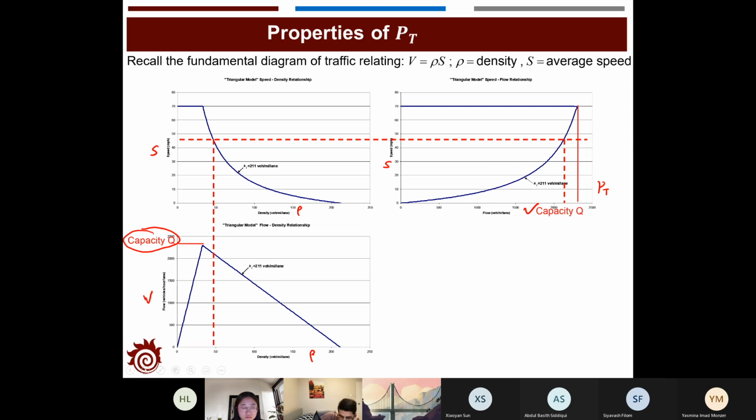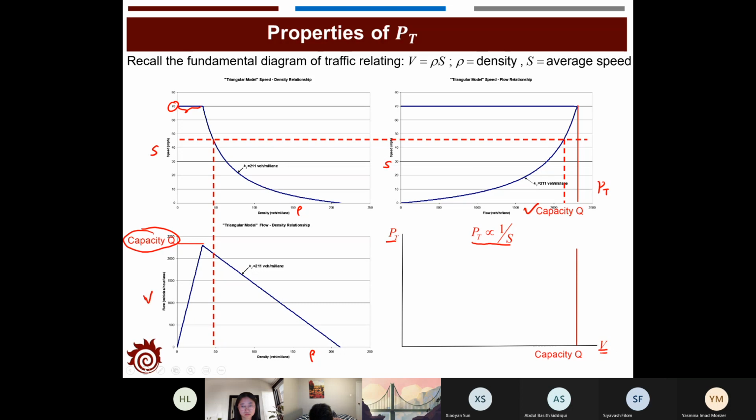Now let's try to draw the relationship between PT and the volume. We know that PT is the inverse function of the speed. First of all, if the road is not congested, the speed is constant. For this example, it's always 70 miles per hour or 120 kilometers per hour.